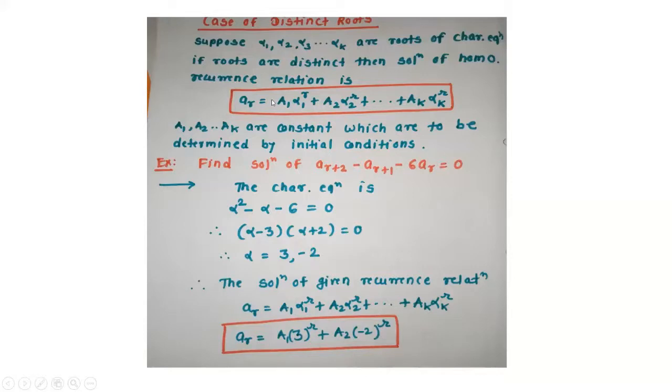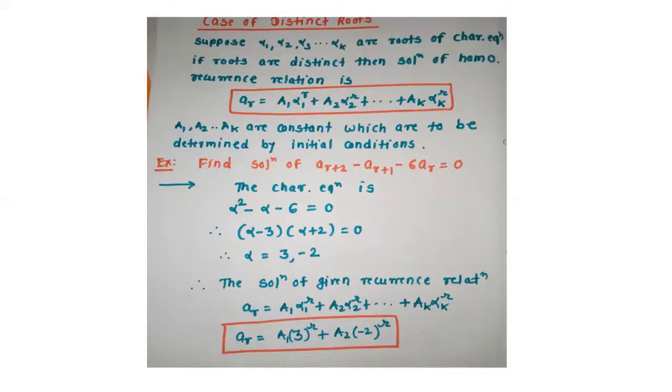A1, A2, up to AK are constants which are to be determined by the initial conditions. Using the initial conditions, we have to find the values of A1, A2 up to AK.